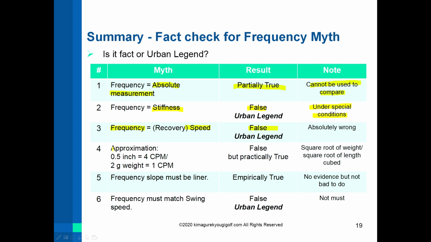Number four, approximation: half inch for CPM change, 2 gram weight, 1 CPM. It's not exactly true, but it's practically true. It's a good approximation. Frequency slope must be linear. It's empirically true, I would say. And the last one, frequency must match swing speed. It was an average. Okay, this is the result for the fact checking.